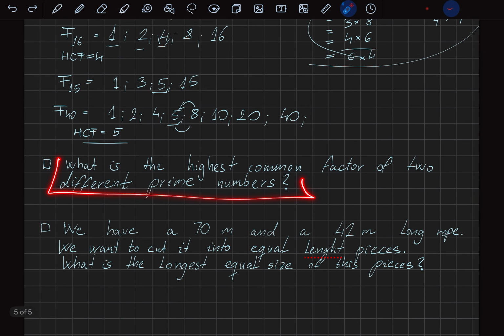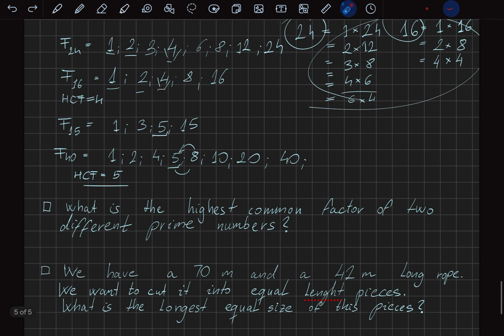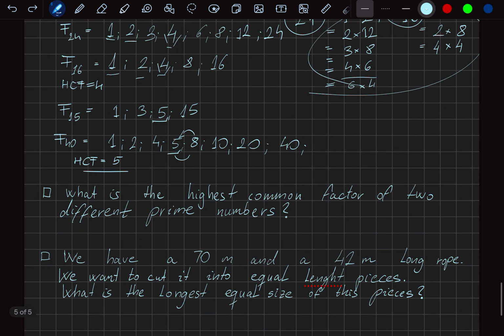Okay, what is the highest common factor of two different prime numbers? For two different prime numbers, there is only one common factor, the 1. Because every prime number is 1 times 2, 1 times 3, 1 times 5, etc. This is the 2, this is the 3, this is the 5.